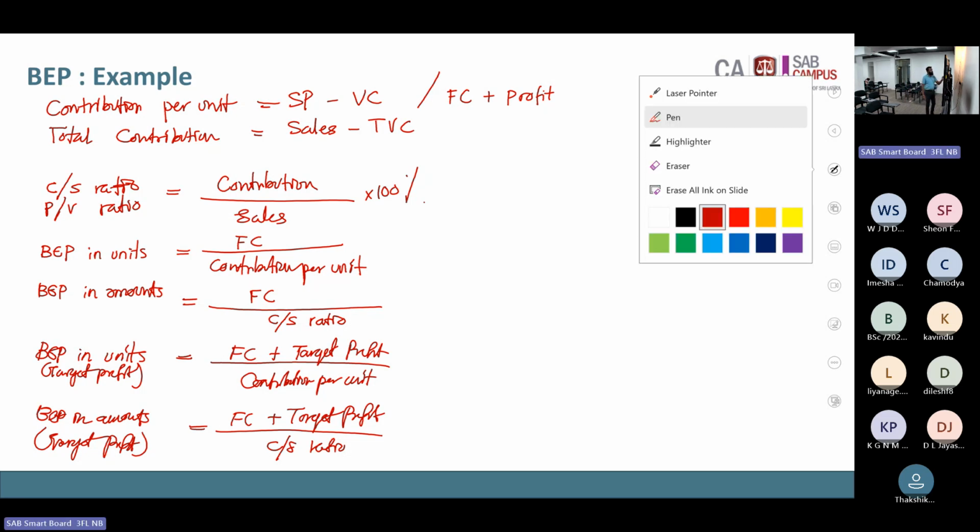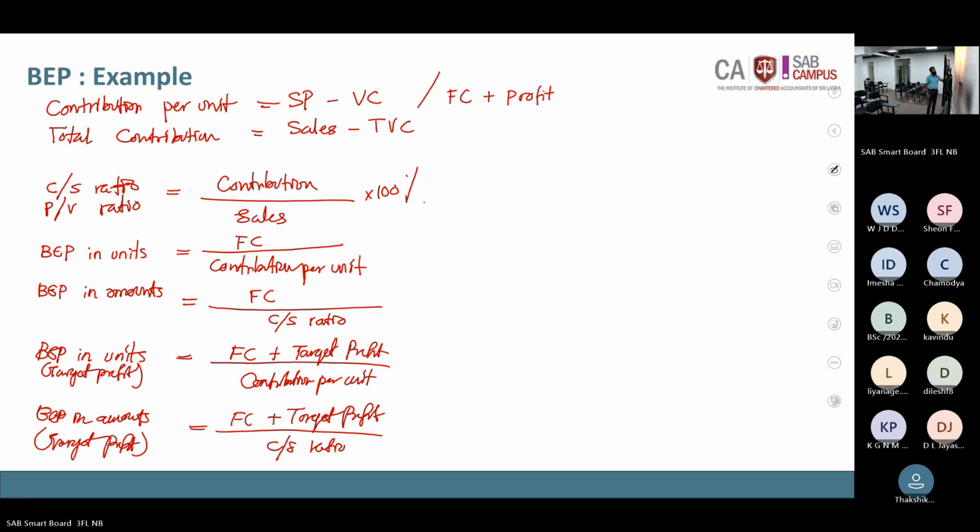If we take here, we calculate the contribution. Right? First step. And that particular contribution is needed to identify the CS ratio. Then to calculate the break-even point in units, we need the contribution per unit.